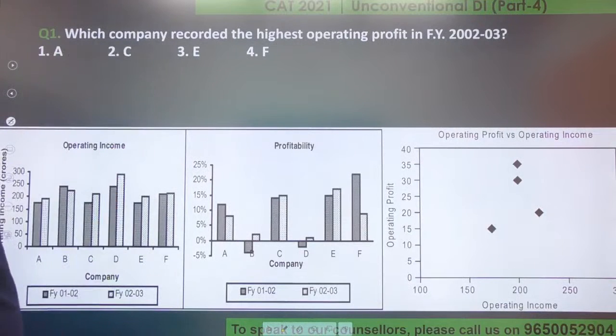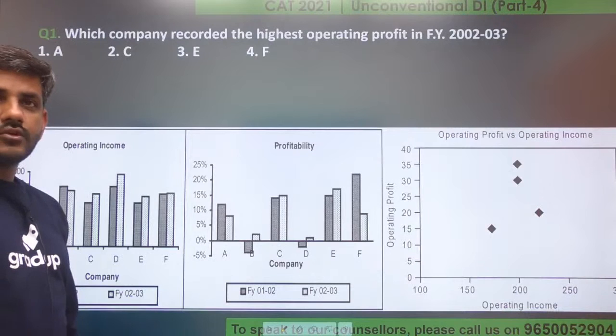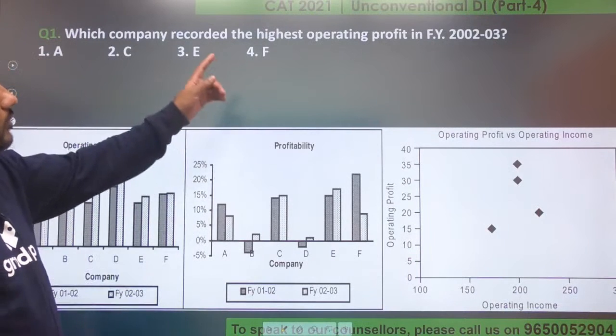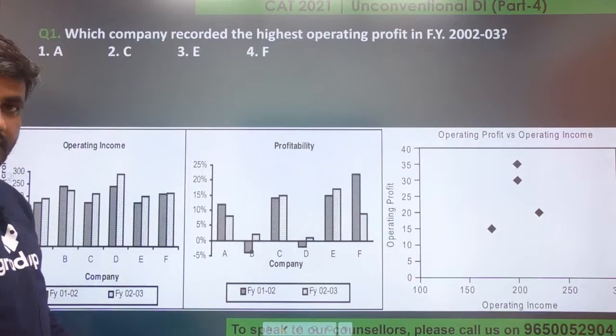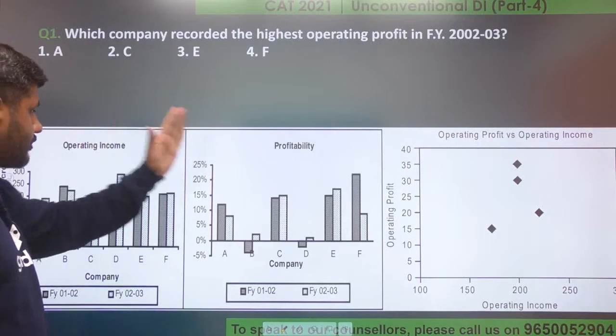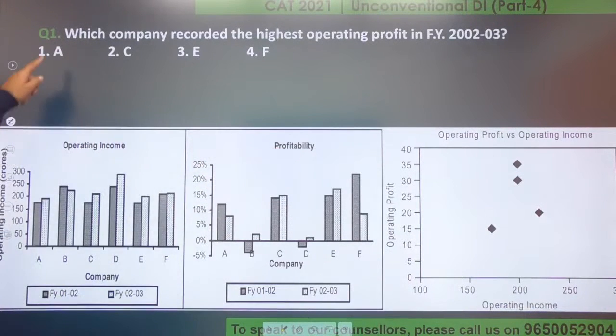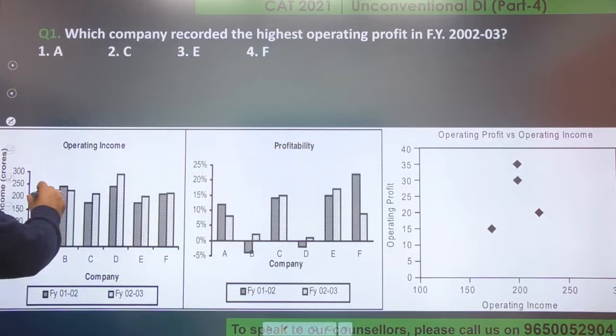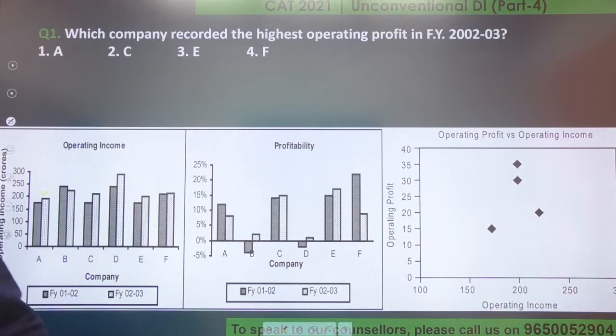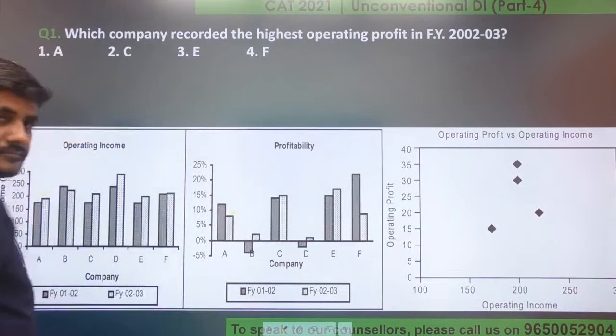So the question is asking you which company recorded the highest operating profit in 2002-2003. Profit की बात हो रही है. That means I have to calculate the profitability of this income. That will give us the profit. First option A. A का revenue is this or income is this and percentage is this.